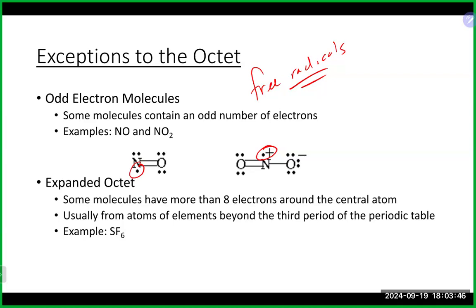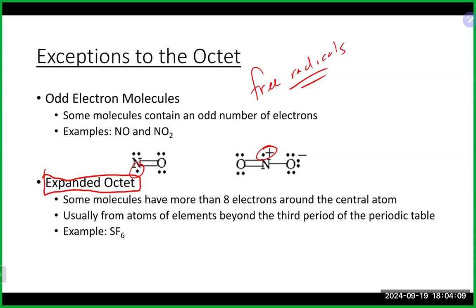Now, probably the exception to the octet rule that we see the most, and definitely that we deal with the most in this class, is this one right here. This is the expanded octet. Much like the incomplete octet, which is less than 8, the expanded octet, much like the name implies, is more than 8. There are certain guys that can go over 8 electrons.